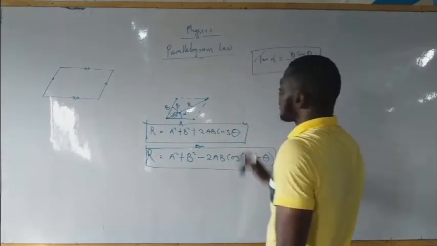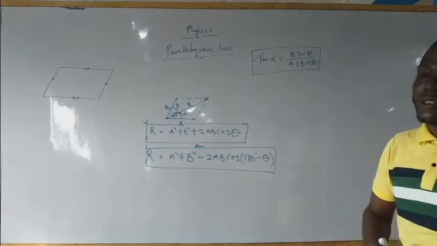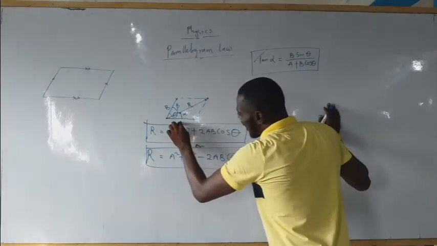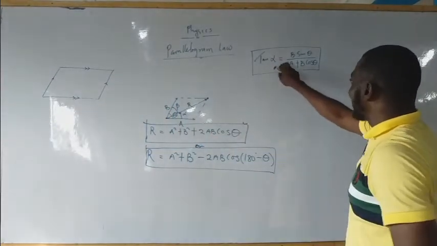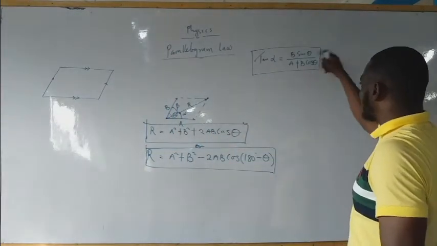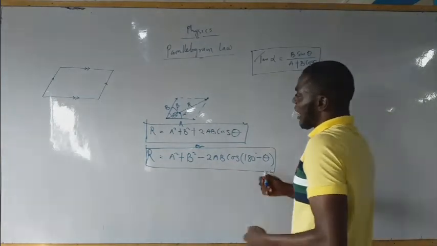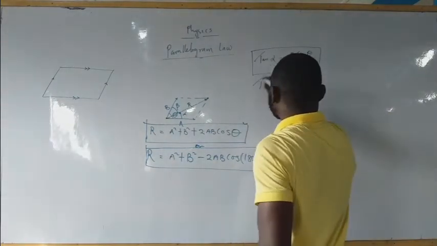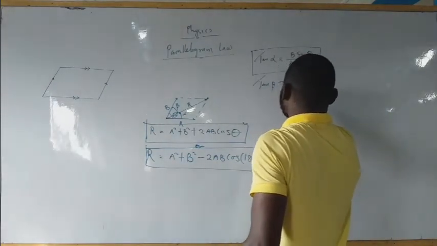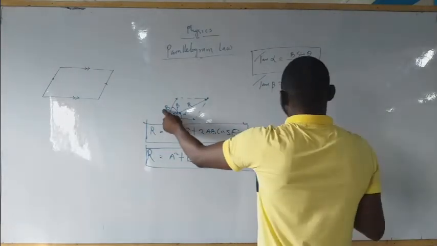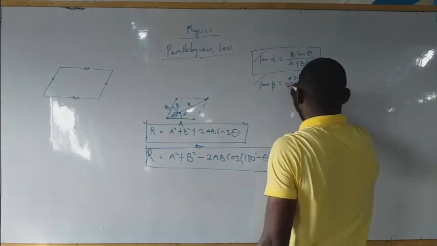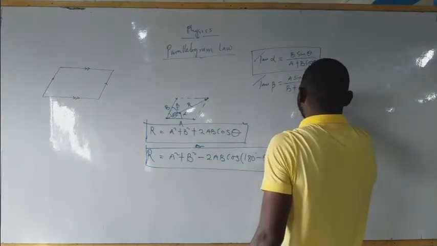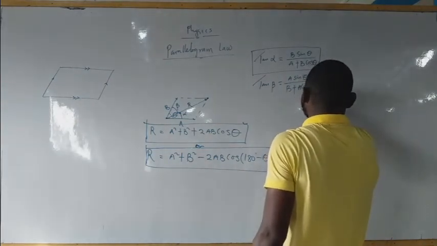If you want to get tan alpha, we have to find the angle between vector A and the resultant. And likewise, tan beta equals a sine theta over b plus a cos theta.